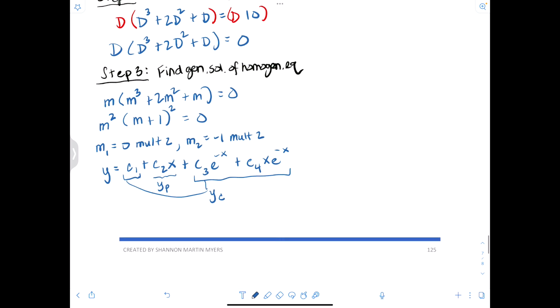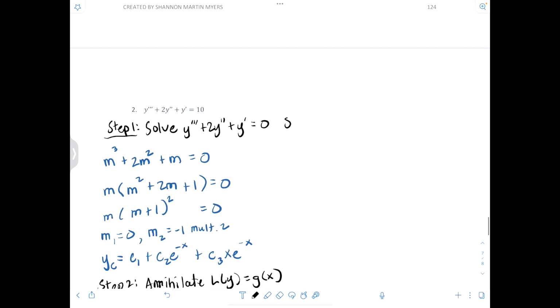Okay, so step 4, form linear combination of YP terms.